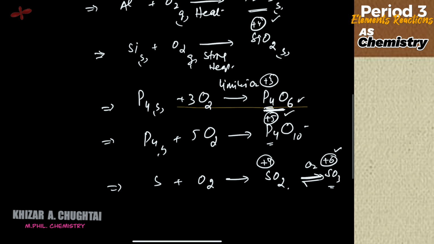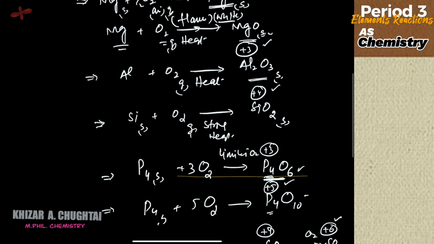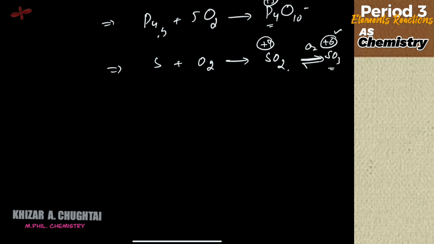So these are basically the reactions of period 3 elements with oxygen. The next thing is SO2, sulfur dioxide, which is a gas at room temperature, but SO3 is a low melting point solid.